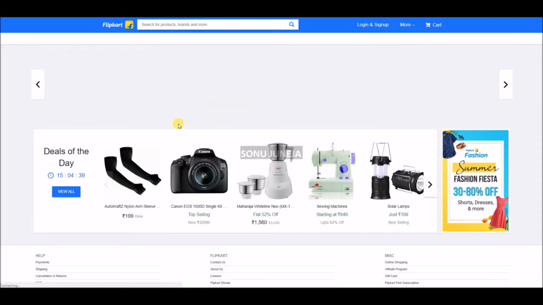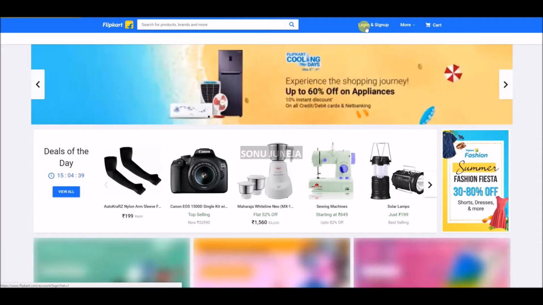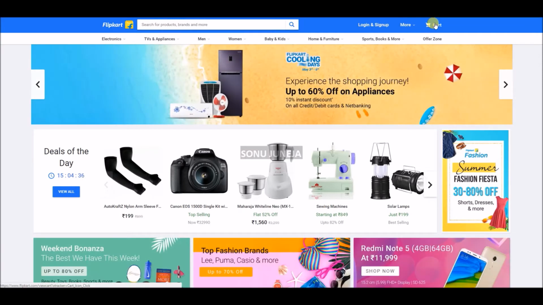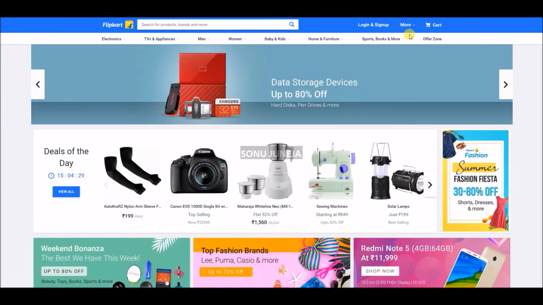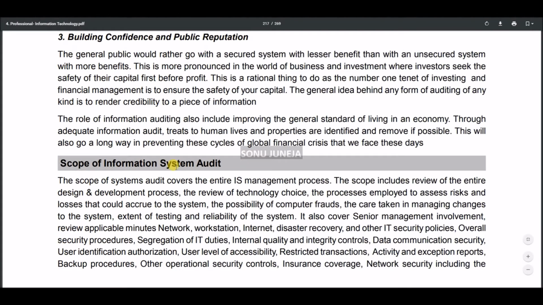Now this website, if I see, you have the login, sign up, then you have the offer zone, book furniture, everything, the stock, the price details. Moreover, this website people do trust. Now they will go for a page where they have a secured system.